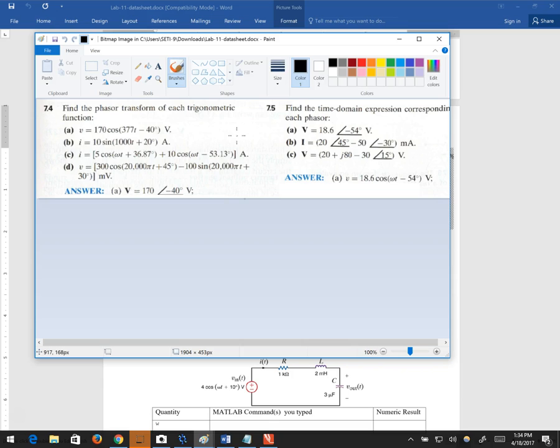We have to keep a consistent cosine basis for the phasor transform if we're going to add different phasors together. If they're all going to be sines, you can do the phasor transform without worrying about that. But if you're going to mix some cosines and some sines together, you have to convert the sines into cosines. And you remember how to do that?